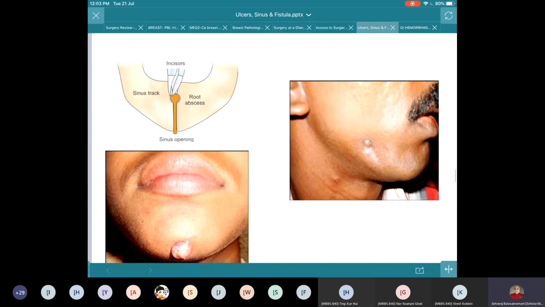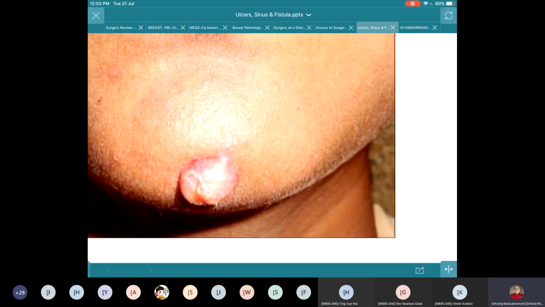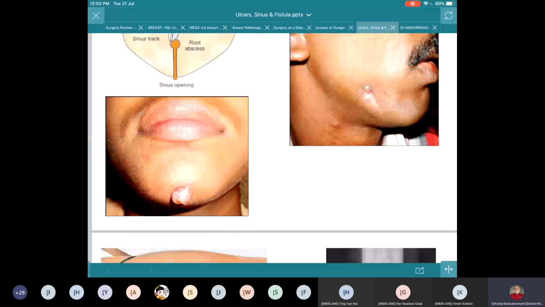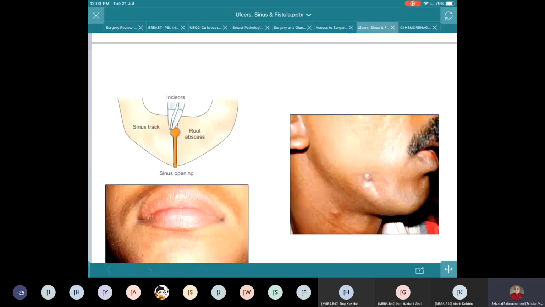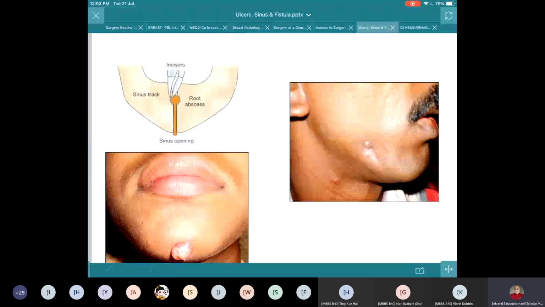Okay, today. And this is a patient, a boy, developing a sinus over the chin here. If you take an X-ray, you are seeing a root abscess. The root of the teeth, that particular incisor tooth, is coming here and opening as a sinus.